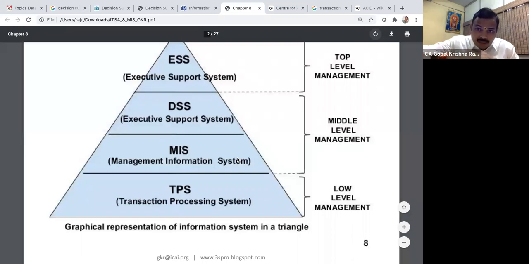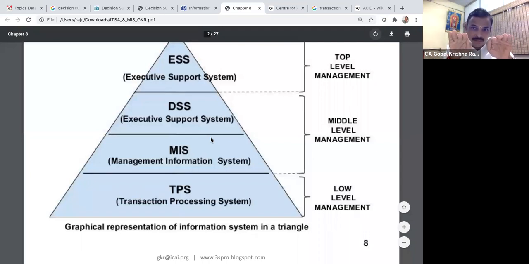So TPS, I have given examples. Now I'm going to give examples for MIS and decision support system. Now, if you look, both are at middle management. But it looks as though MIS is one step below DSS. I will actually say MIS and DSS are at the same platform.